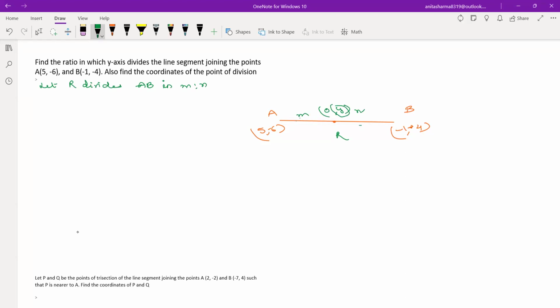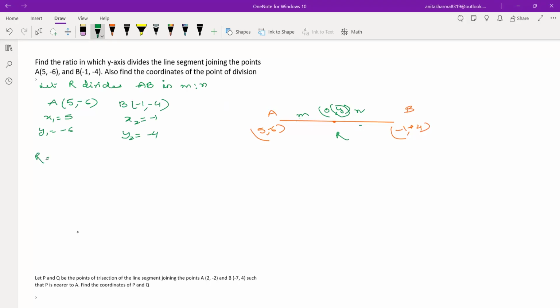So apply the section formula first. A coordinate is 5, minus 6. So x1 is 5 and y1 is minus 6. And then B coordinate is minus 1, minus 4. x2 is minus 1 and y2 is minus 4.